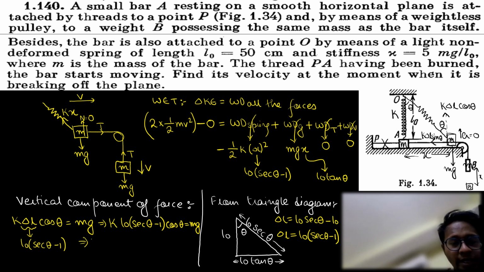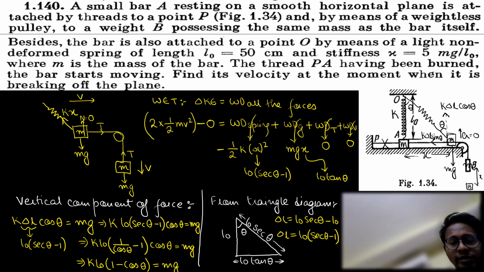Or K L naught into, what is sec theta? Sec theta is nothing but 1 by cos theta, minus 1, into cos theta is equal to mg. Now if I multiply this cos theta inside the bracket, I'll get 1 minus cos theta. So I'll get K L naught into 1 minus cos theta is equal to mg.